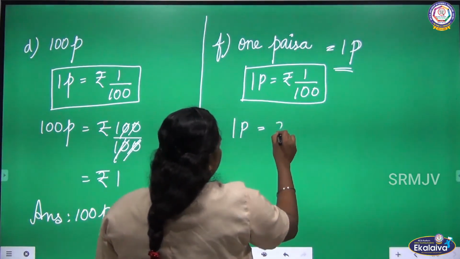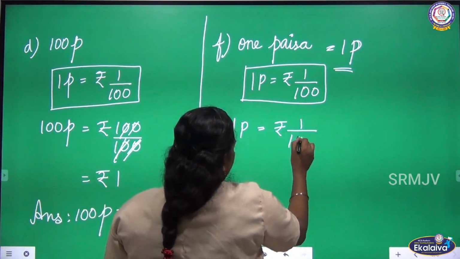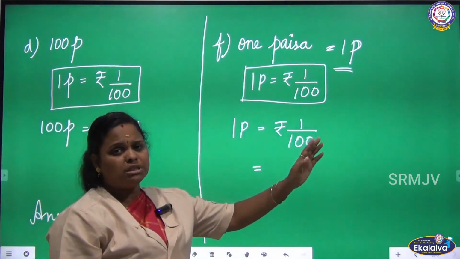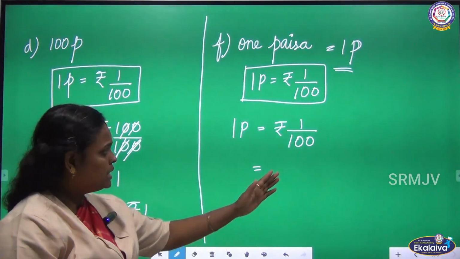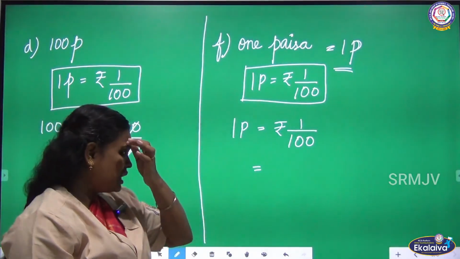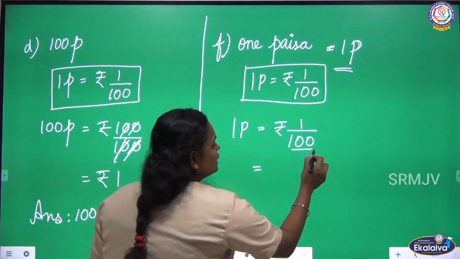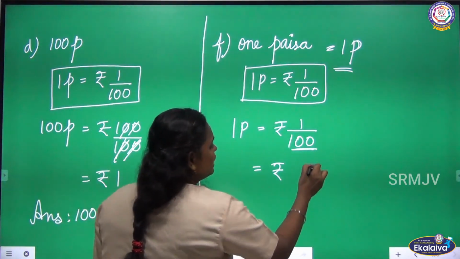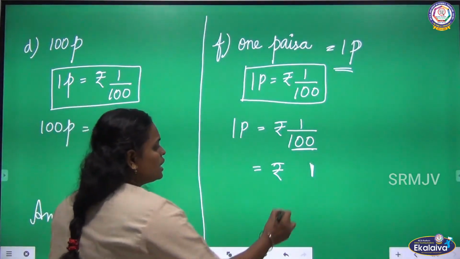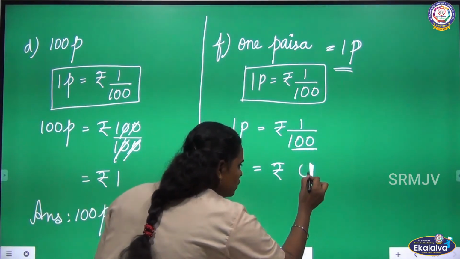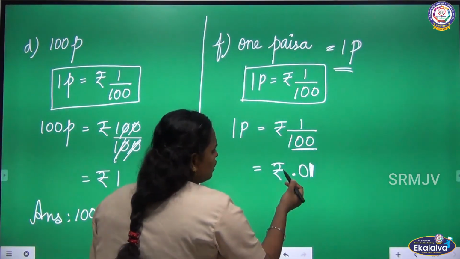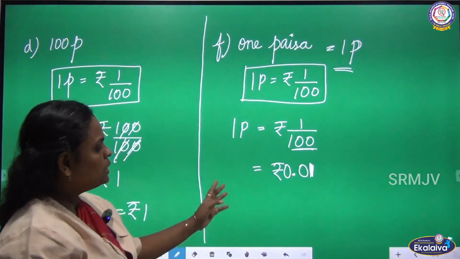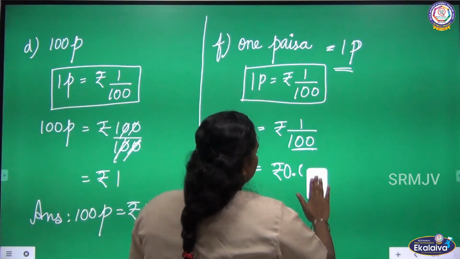See, listen children, if it is 2 digits in the numerator means we'll leave 2 digits, 3 digits or 4 digits means from the back we'll leave 2 digits and then we'll put the dot, because in the denominator 2 zeros are there. But here only 1 digit is there. So what you should do, children, before the number you can write 0, then put the dot. Then after the dot you can write the 0, it has no value, you can write 0. Okay, so rupees 0.01.